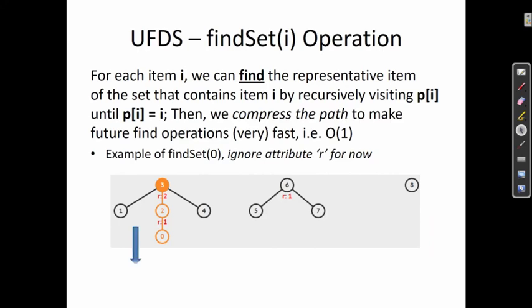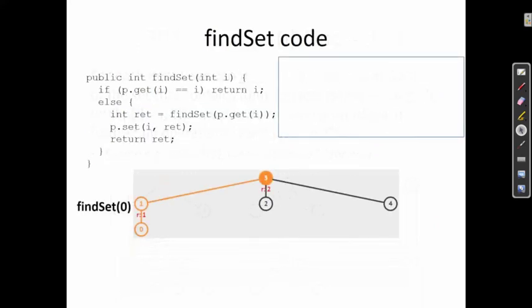Okay, find set. Let's look at the pseudocode for find set. This is how I perform find set recursively. You pass in I, and you check if the parent of I equals I itself. That means it's a representative item, so you just return it.